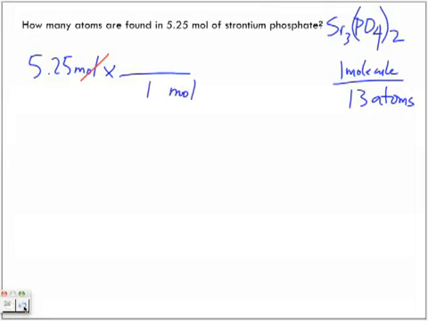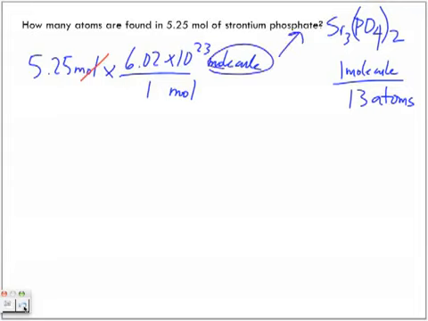In 1 mole, I have how many molecules? We're looking at a molecule here. 6.02 times 10 to the power of 23. So we either have molecules, atoms, formula units. One of those 3. And this is always based on what you have in your question. Okay? Because they're interchangeable.